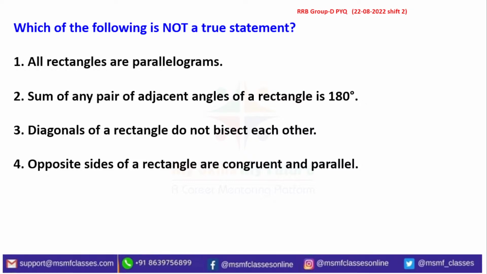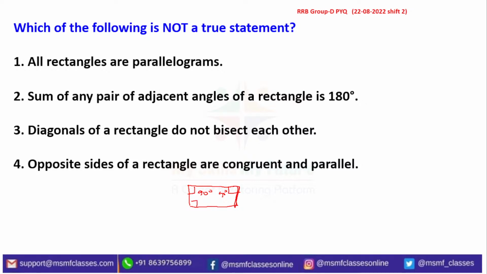Second one: the sum of any pair of adjacent angles of a rectangle is 180. Yes, it is also true. See, this is a rectangle, so here the degree is 90 degrees, here also 90 degrees.